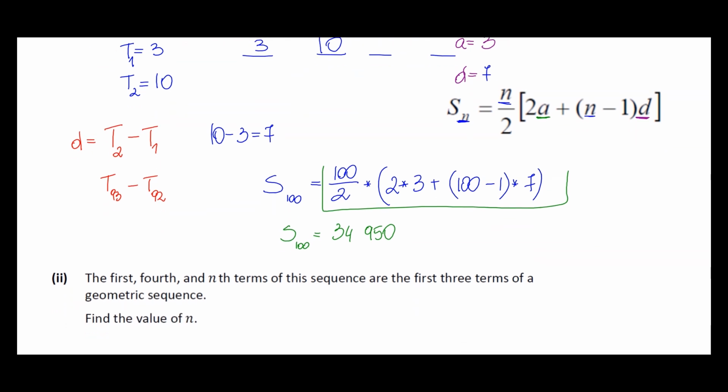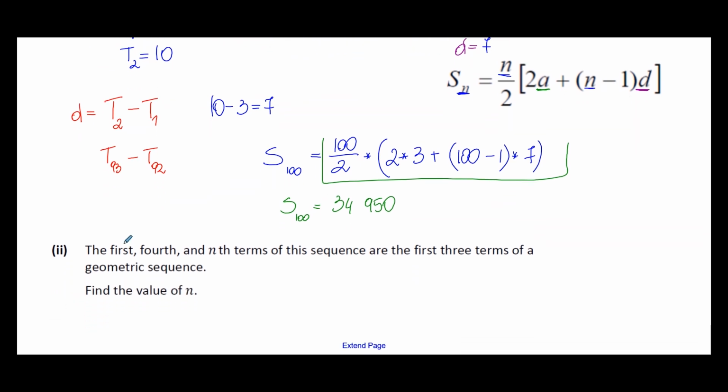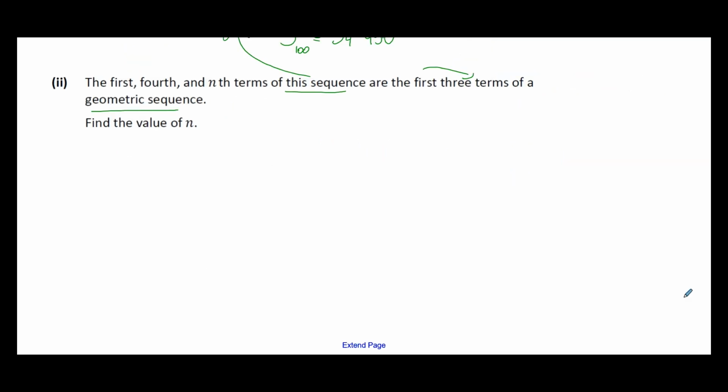Let's have a look at the next part of this question. The first, the fourth, and the nth terms of this sequence, so this sequence here, are the first 3 terms of a geometric sequence. Okay, let's write that information.